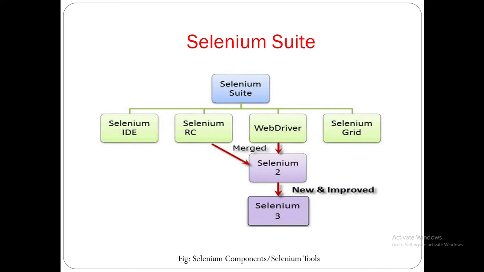Selenium is not just a single tool, but a suite of software which contains different approaches to support automation testing. It has 4 components. First is Selenium IDE, second Selenium RC, Selenium WebDriver, and Selenium Grid, where Selenium RC and WebDriver were merged into Selenium 2 and Selenium 3.